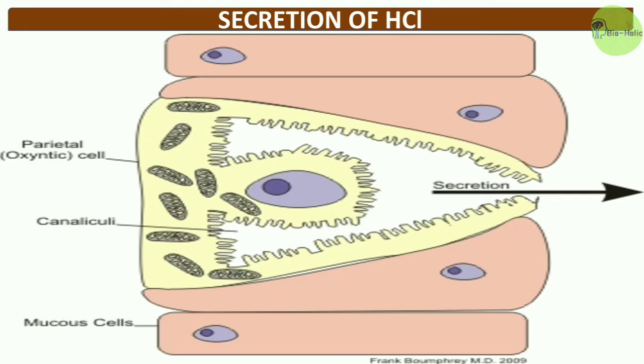Gastric glands secrete about 2.5 liters of HCl in a day. This HCl is concentrated, having a pH of approximately 1. The gastric HCl dissociates completely into H+ and Cl- ions.